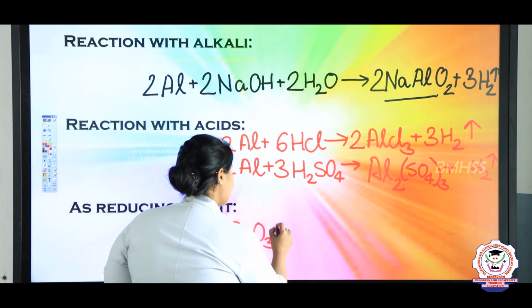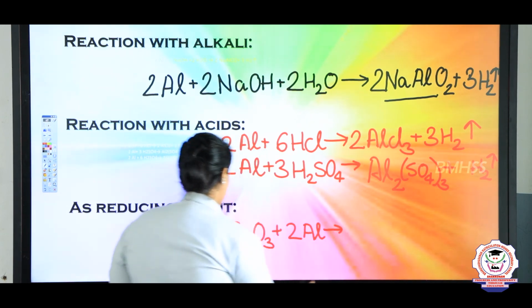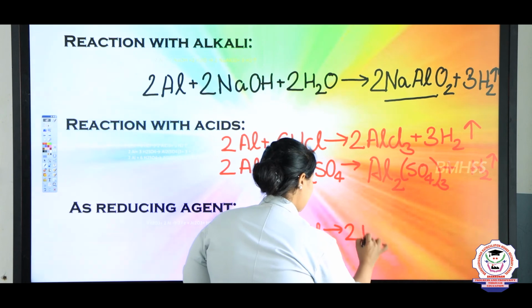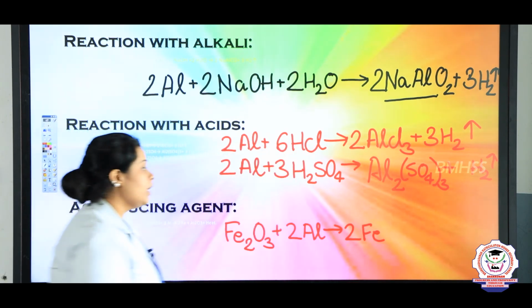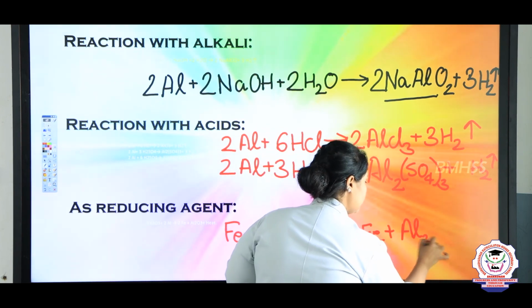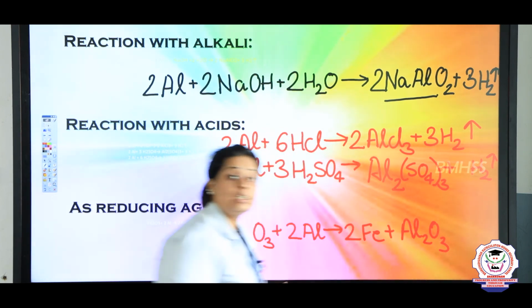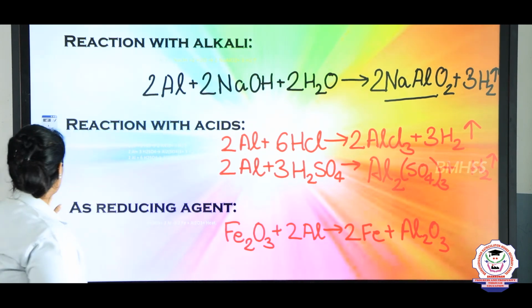Ferric oxide plus 2 atoms of aluminium, the reaction will go on as 2Fe, that is, oxygen has been removed, and you are getting alumina, Al2O3, plus a large amount of heat energy released. Okay?